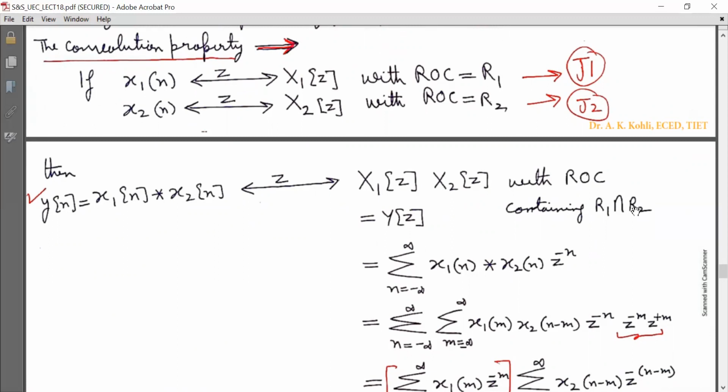We will have to take its Z transform. So the Z transform of y[n] is Y(z) equal to X1(z) into X2(z) with ROC containing R1 intersection R2.